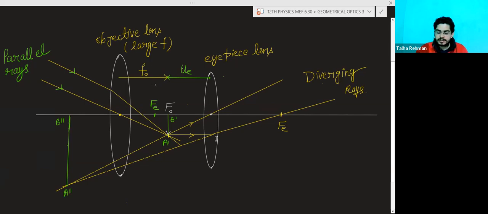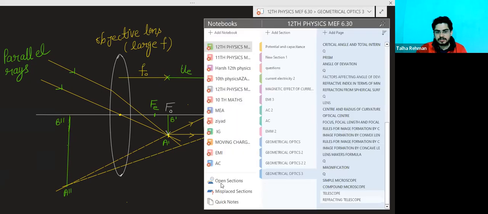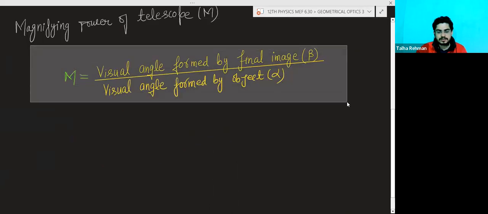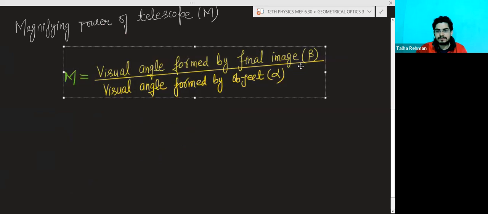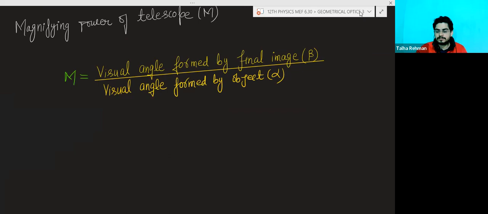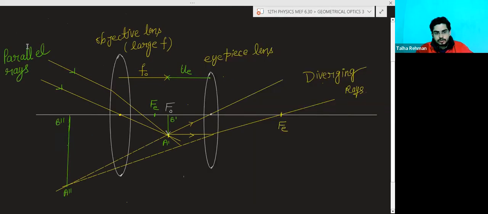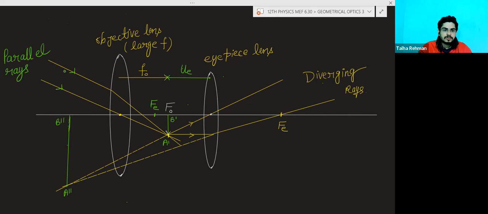Now we will calculate the magnification. So magnification in case of a telescope is the visual angle formed by the final image divided by the visual angle formed by the object, beta by alpha. The object is at infinity.